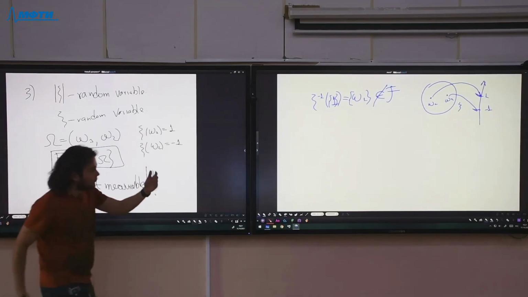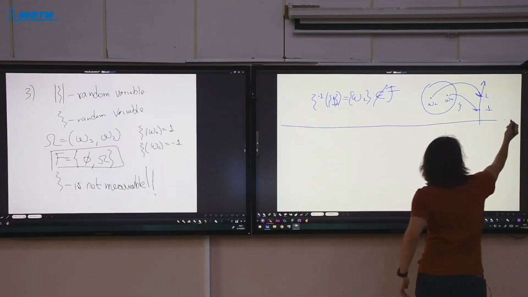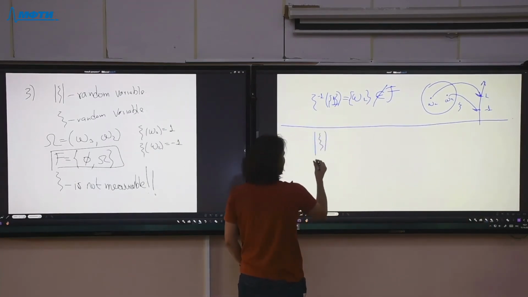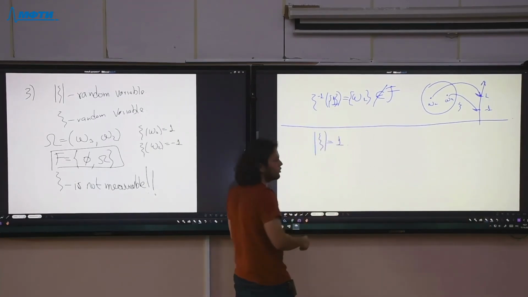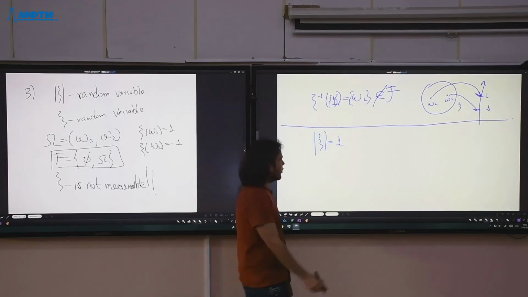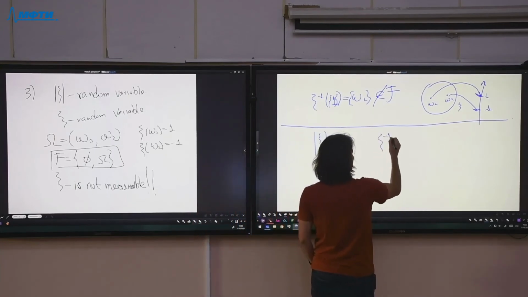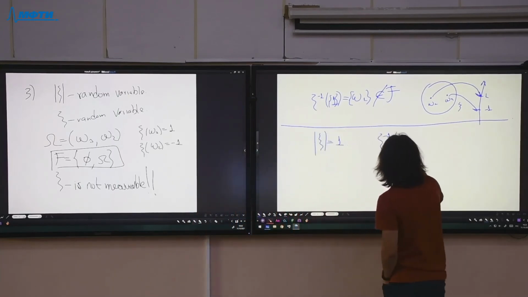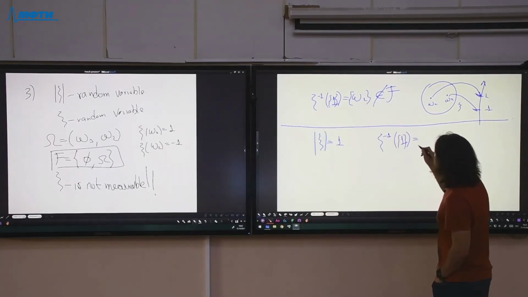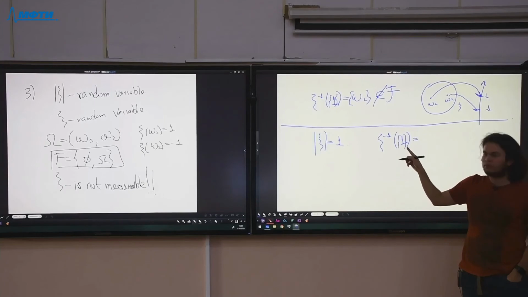Right? Now, what if we have the absolute value of psi? So this is always 1. Right? So what is the preimage of 1?